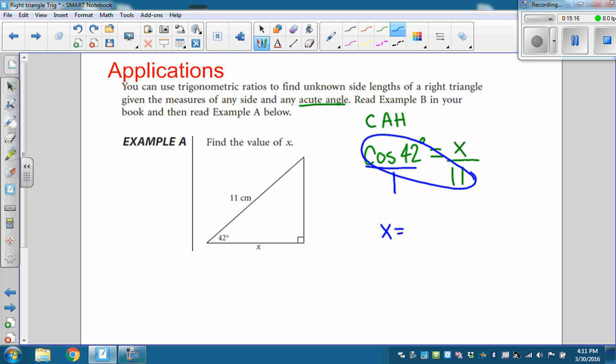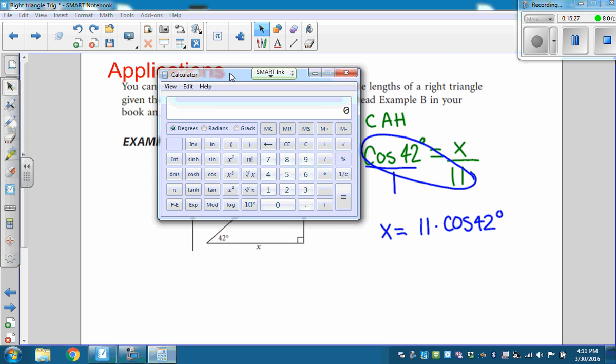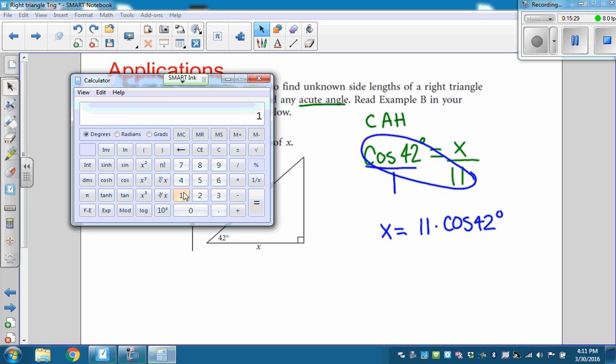So x is just 11 times the cosine of 42 degrees. Then I just pick up my calculator, go through the same process. 11 times cosine 42. Again, you'll have to practice this with your calculator. Every calculator works differently.